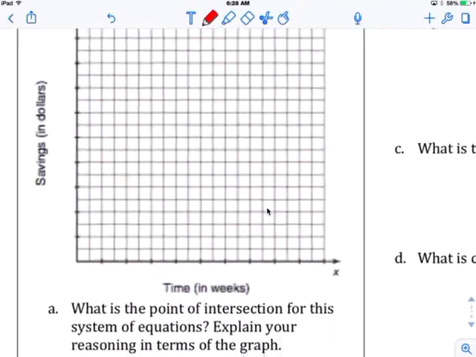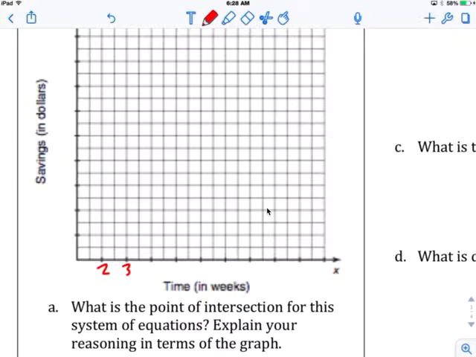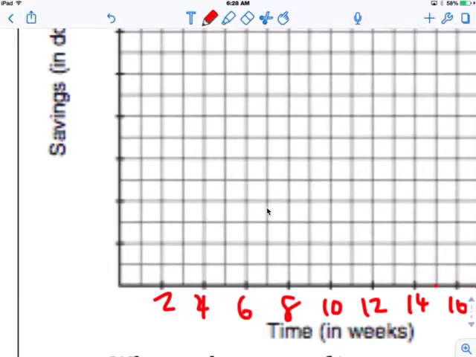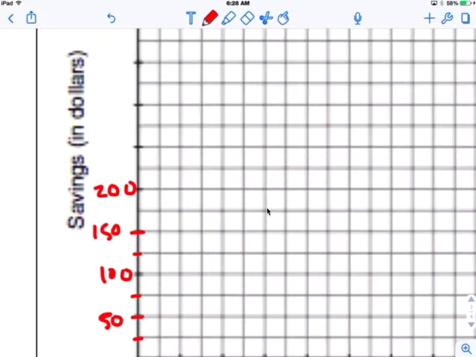Numbered the same, 1, 2, 3, 4, 5, 6, 7, 8, 9, 10, 11, 12, 14, 15, 16, 17, 18, 19, 20. And going up by 25, 25, 50, 75, 100, 125, 150.